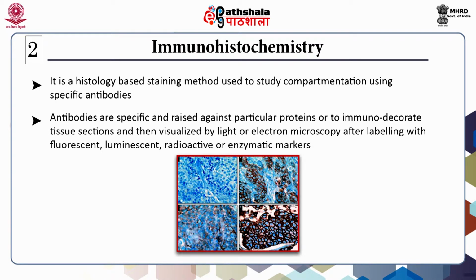Antibodies are specific and raised against particular proteins or enzymes which bind specifically to the tissue sections and are then visualized by light or electron microscopy after labeling with various tagging molecules like fluorescent, luminescent, radioactive or enzymatic in nature.